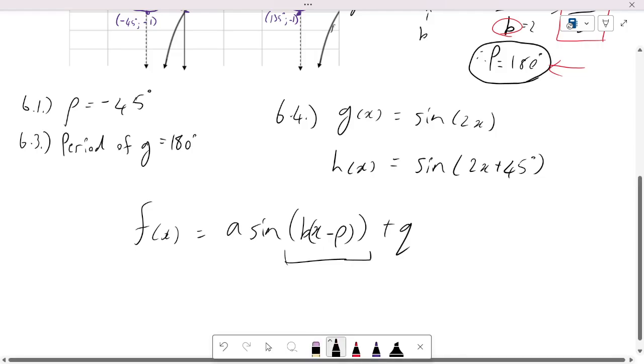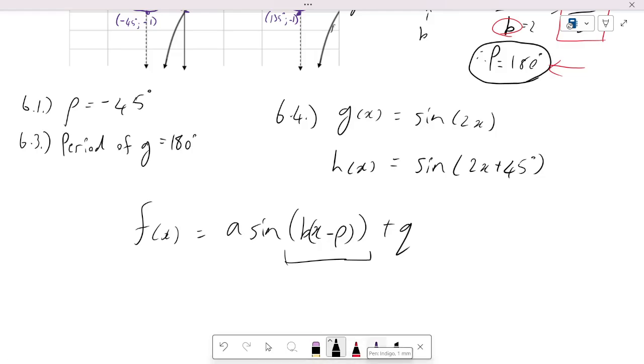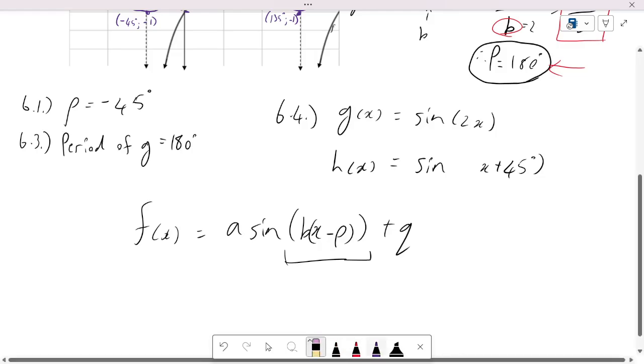So what we actually needed to consider is this over here. What we should have done was take the 2 out like this, such that it'll look like this.